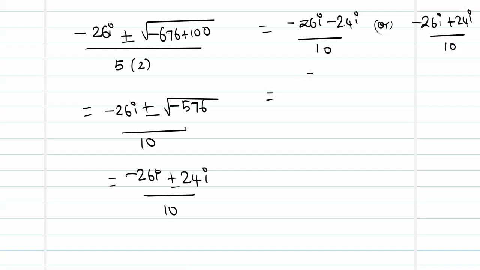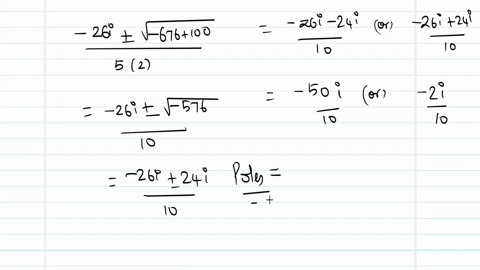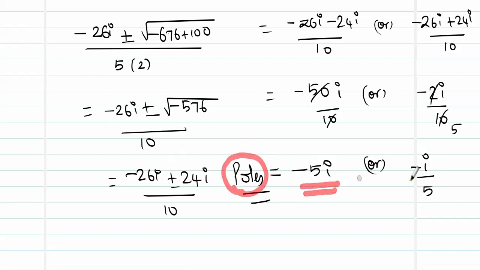So now this makes it as minus 50i by 10, or this makes it as minus 2i by 10. Hence the poles are finally obtained as, this goes over here 5 times minus 5i, or you can have this to cancel off 5 times to have minus i by 5. So my poles have been obtained as minus 5i and minus i by 5.